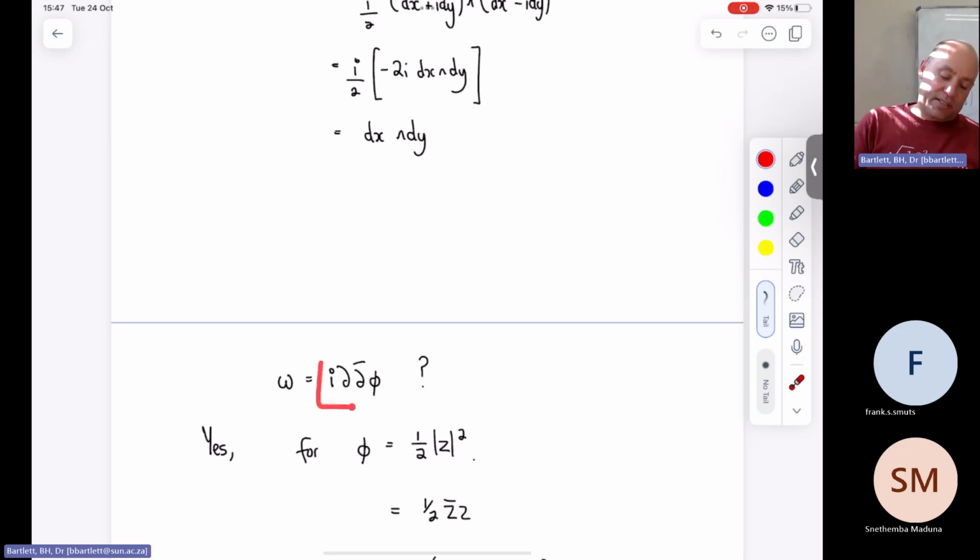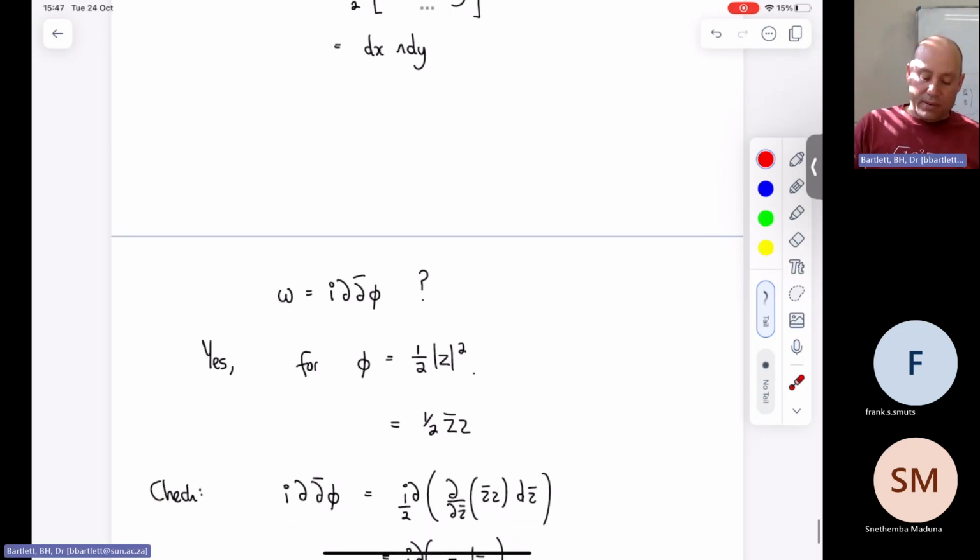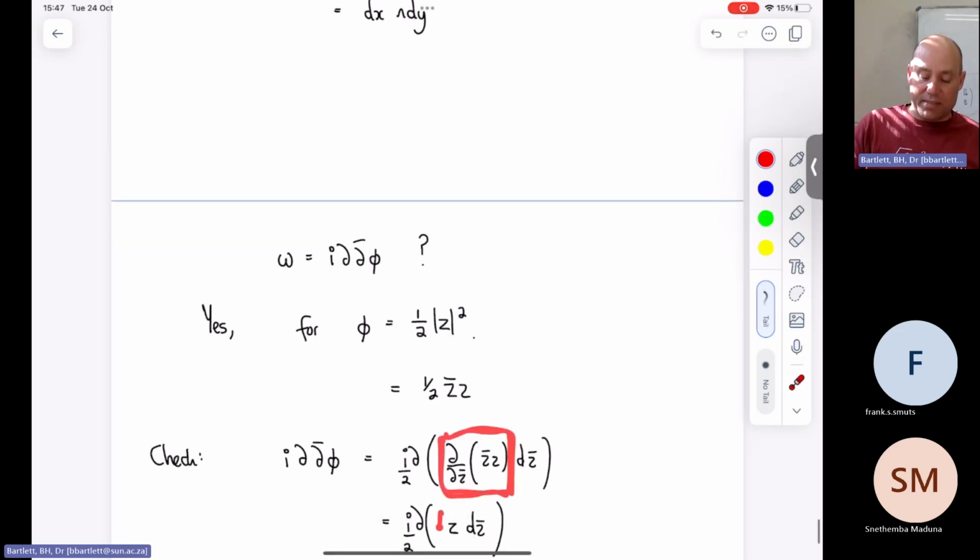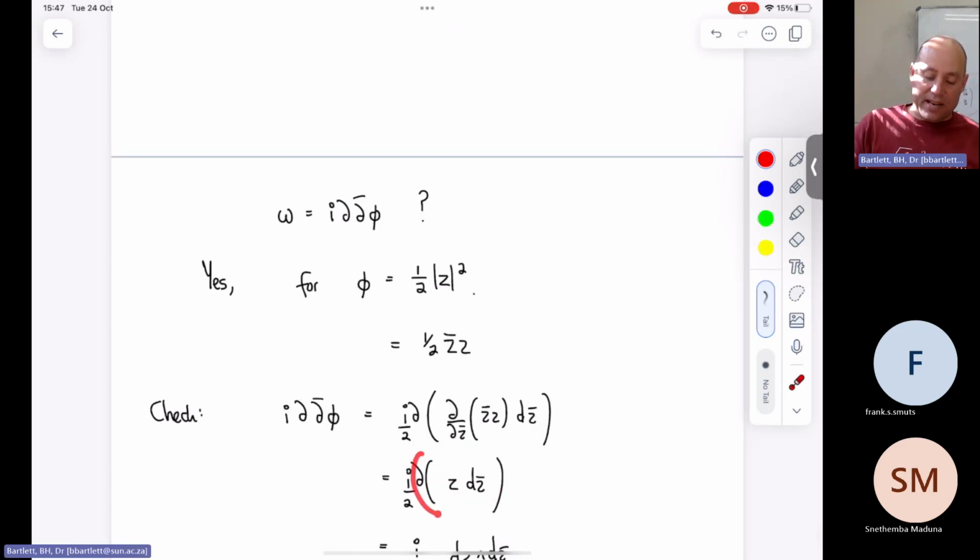So if I calculate this double derivative here, what would it be? Well, for the del bar phi, I would have to differentiate this with respect to z bar, which is going to give me a z. So I'm going to get a z times dz bar when I calculate this expression here. And then I've got to take the del of that. So that means I'm going to differentiate this with respect to z and then wedge it with a dz.